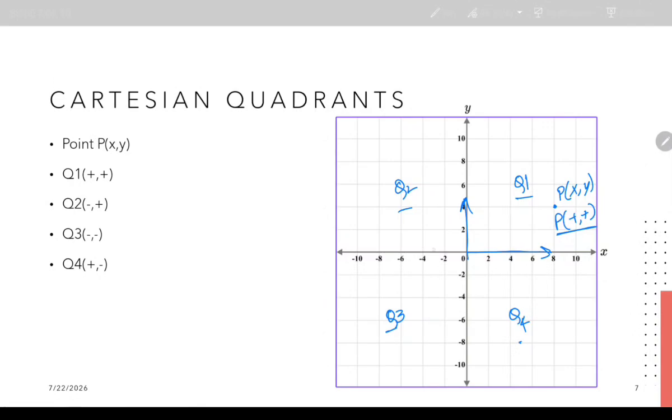Similarly, if you come to Q2, the x value is negative here and the y value is positive, so it is minus and plus. Similarly in Q3 both x and y are negative, and in Q4 x is positive and y is negative. So you need to remember the properties of each quadrant.